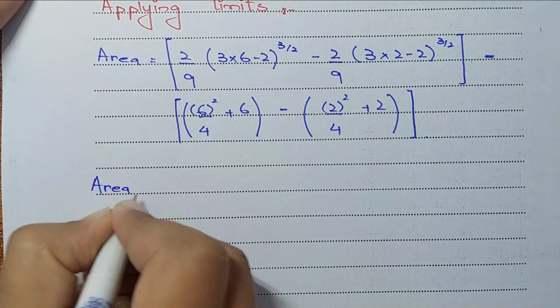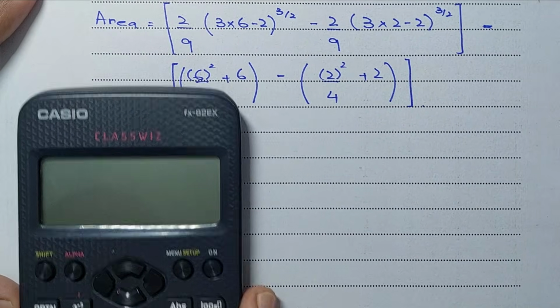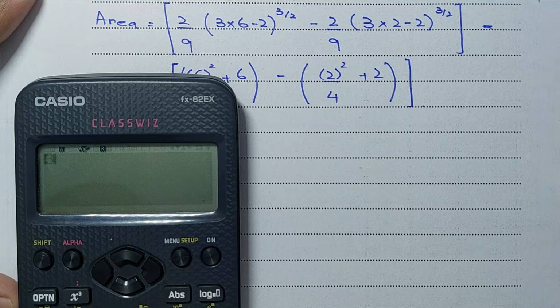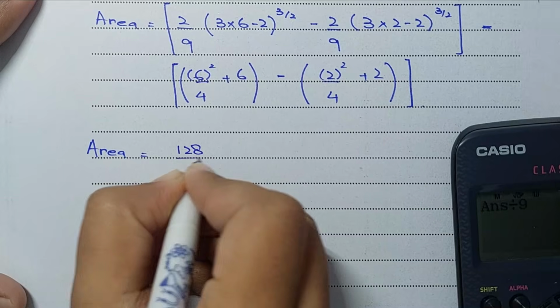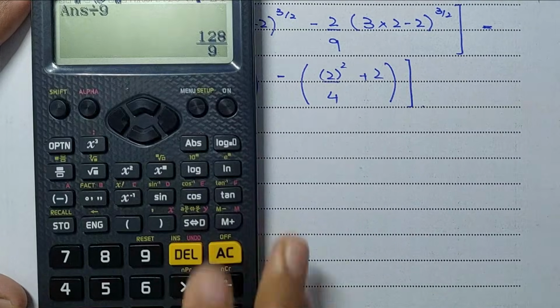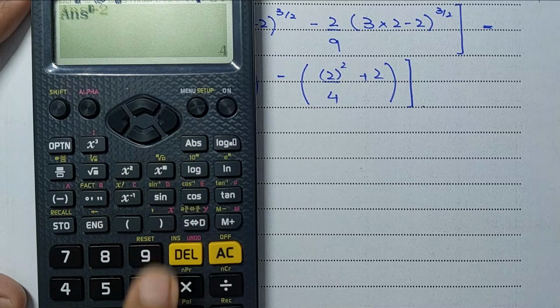The area becomes, let me simplify it: 3 times 6 minus 2 is 16, its power is 3 by 2. Multiplied by 2 and divided by 9 is 128 over 9. And 3 times 2 is 6, minus 2 becomes 4, and the power is 3 by 2.